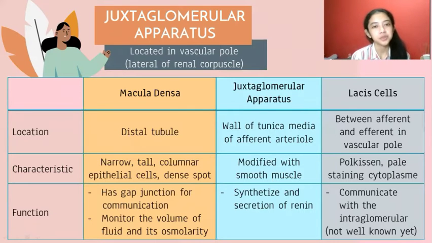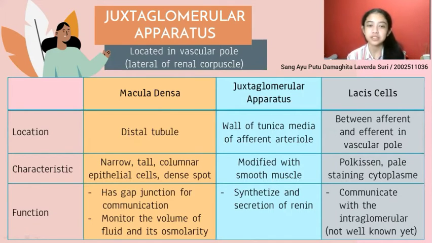So next is the juxtaglomerular apparatus, which is located in the vascular pole. It has three main components. First is the macula densa, which is located in the distal tubule and has gap junctions for communication. Other than that, it's also for monitoring the volume of fluid and its osmolarity. Second are the juxtaglomerular cells, which are located in the tunica media of the afferent arteriole and function to synthesize and secrete renin.